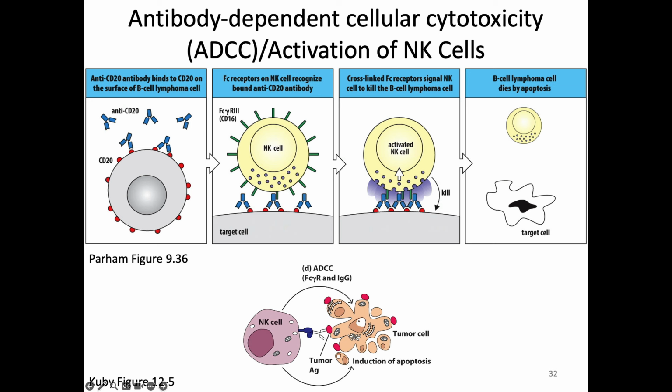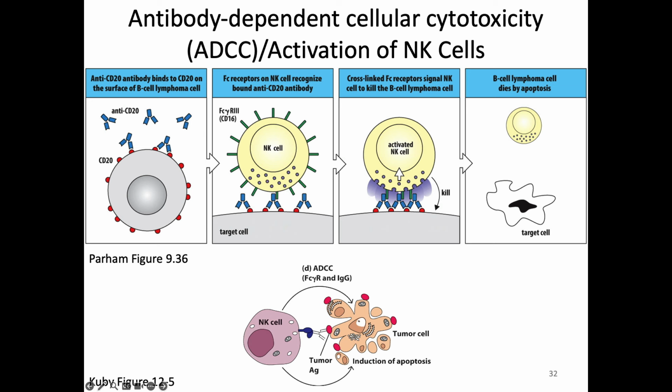This, as well as the one I'm going to show you on the next slide, also requires an Fc receptor. So you also have to have a cell, in both cases, that has a receptor on it that's binding to the Fc portion of the antibody. So the antibody is kind of signaling to some cell with an Fc receptor.